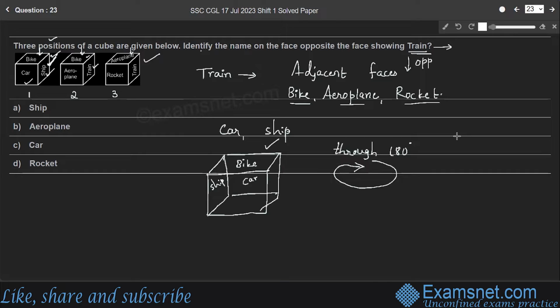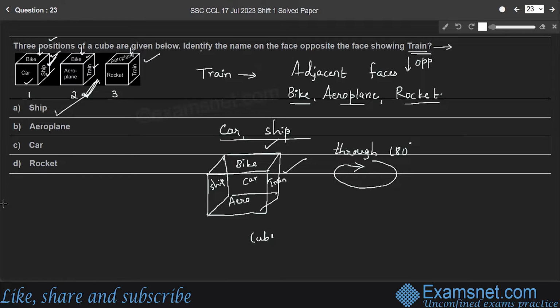So compare this rotated position of the cube with the second position, which is already given. According to the second position, train is the right face, aeroplane is the front face. And here, after rotating the cube, ship is the left face, which is opposite of right face. Therefore, the opposite face of train is ship. Option A is the right answer.